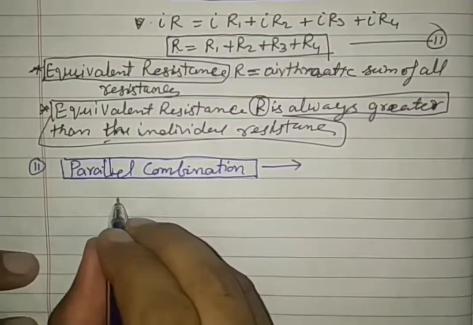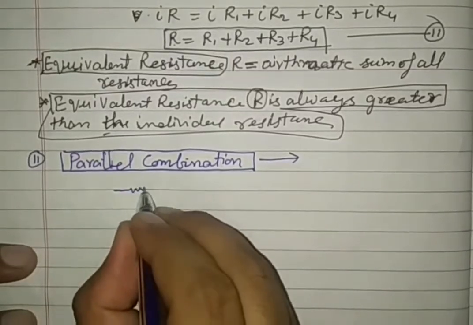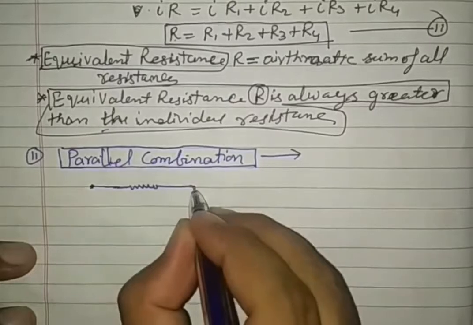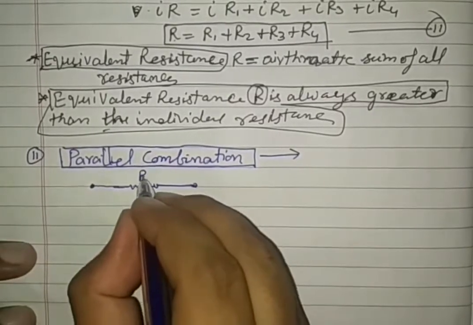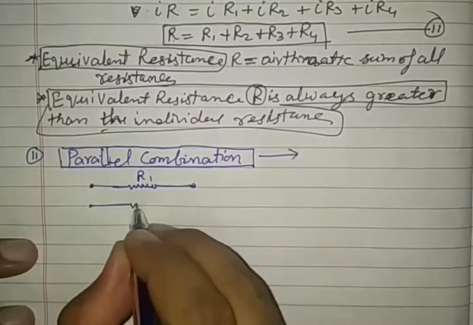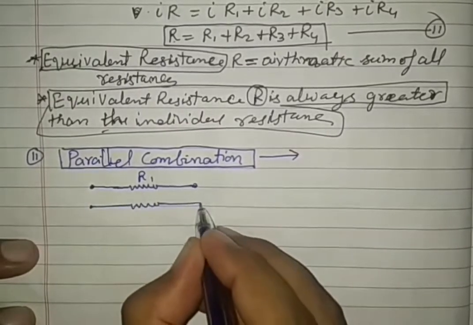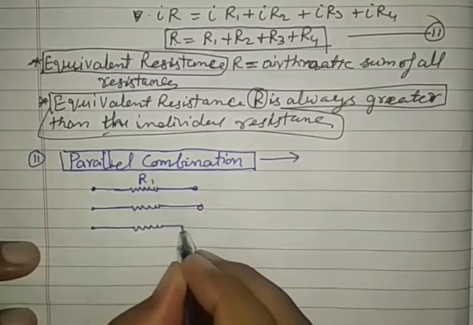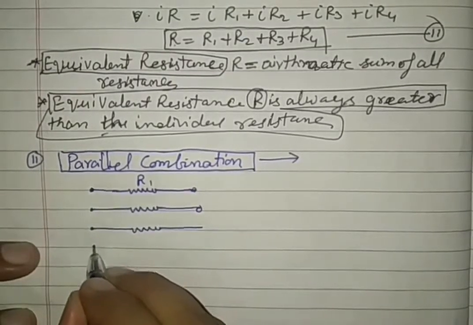In a parallel combination, let this be the first resistance, the second resistance, the third resistance.